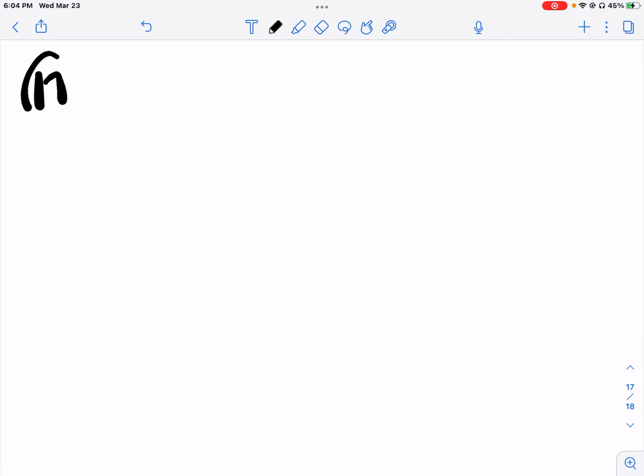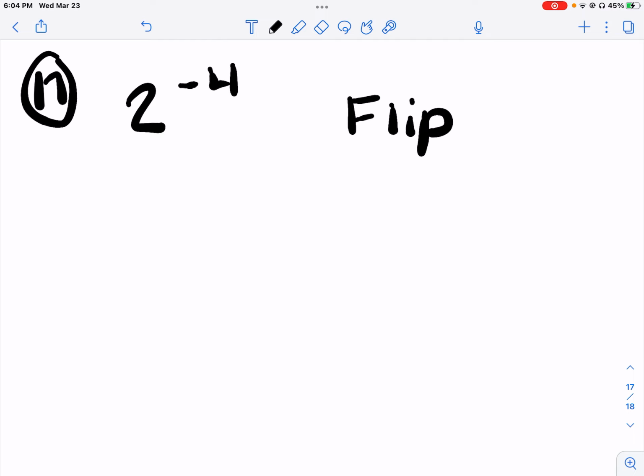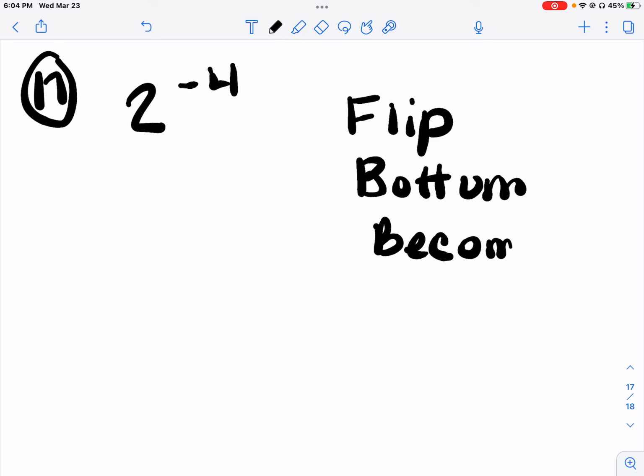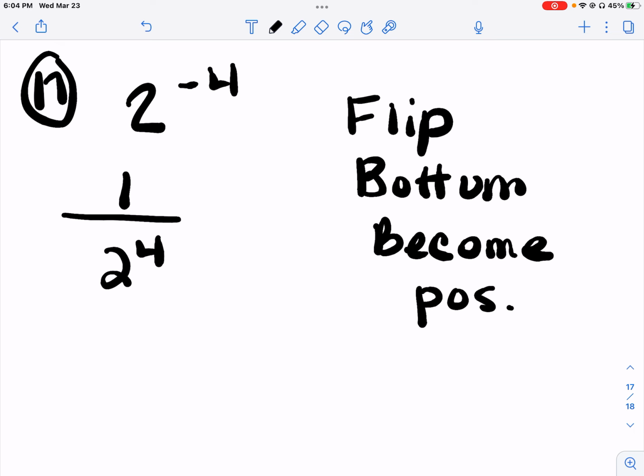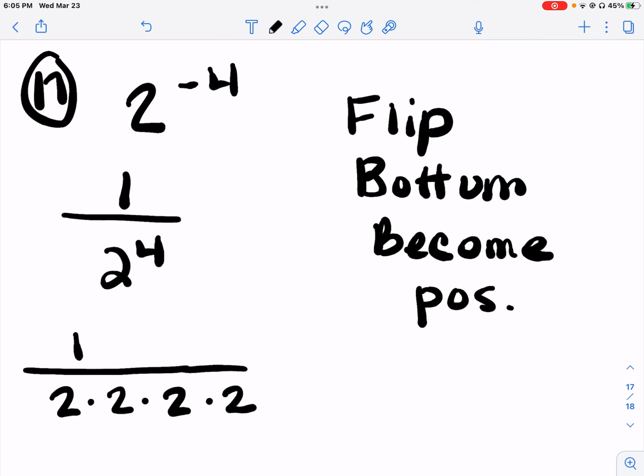Last one, a negative exponent. We're going to flip, so it's going to go to the bottom and become positive. So this is 1 over 2 to the 4th power, which is 2 times 2 times 2 times 2.